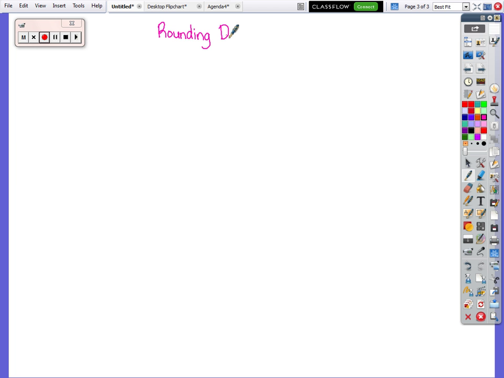Before we start rounding decimals, I want to quickly, and I mean quickly, review the place values of decimals, because you're going to need to know these for rounding. If you don't know your place values, you're not going to know where to do your rounding from. If I have a whole number, all of my whole numbers are to the left of my decimal.